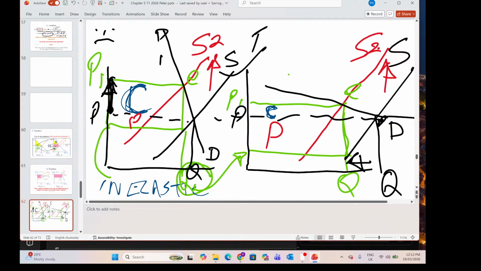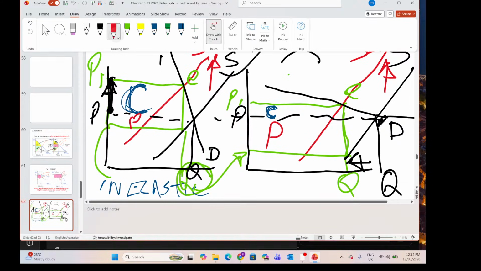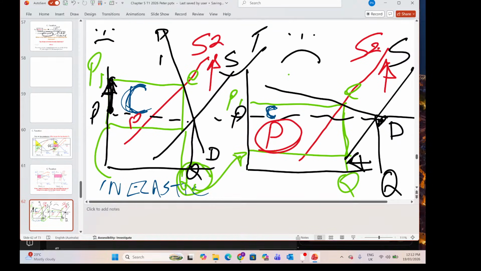But if you are a supplier of a price elastic good, you are going to hate it because your burden of tax will be much higher. And not only that, you're going to lose a lot more sales. So a tax on a price elastic product will do much more harm to the economy.